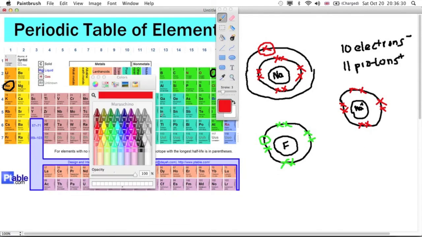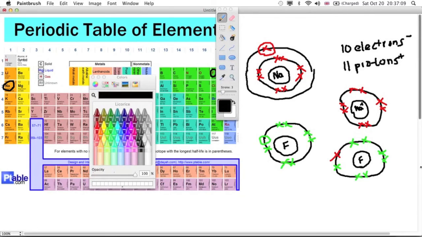So then fluoride, now, fluoride is happy because fluoride has its full outer shell. There we are. And it's one electron, in this case, the one electron gotten from sodium. And now this has a full outer shell, and this has a full outer shell.